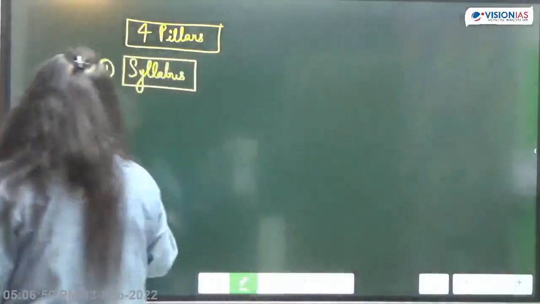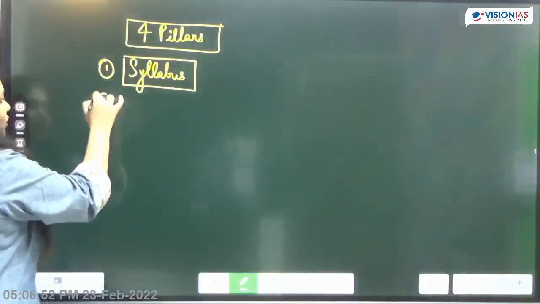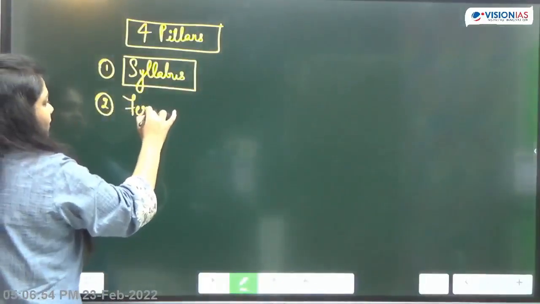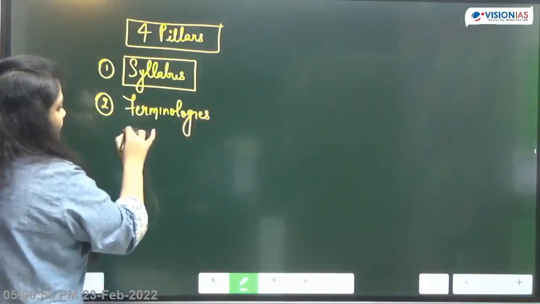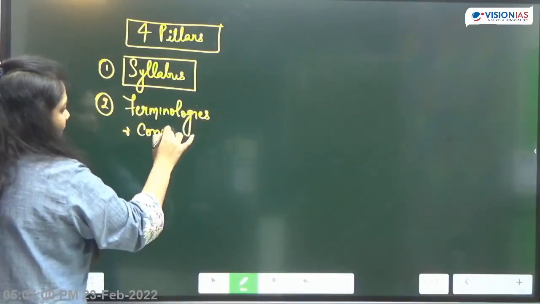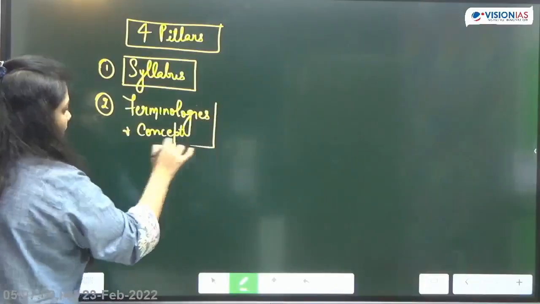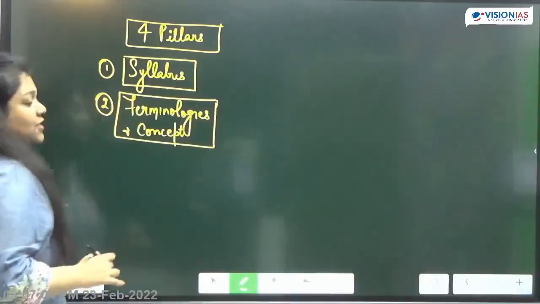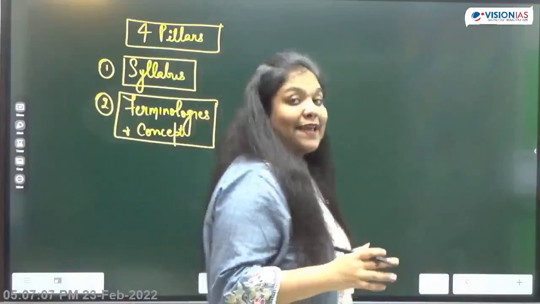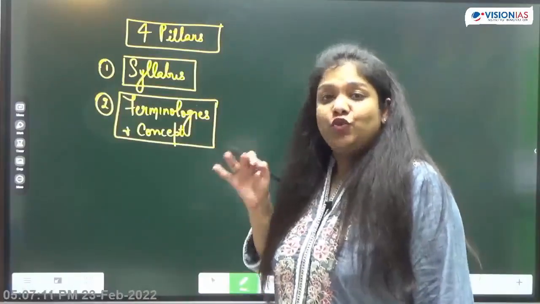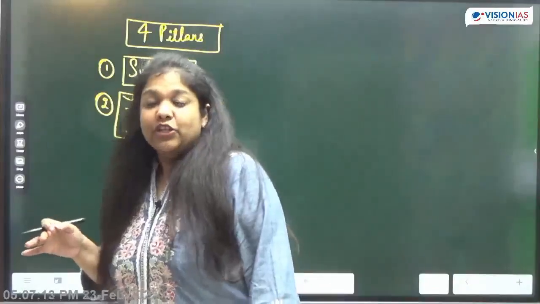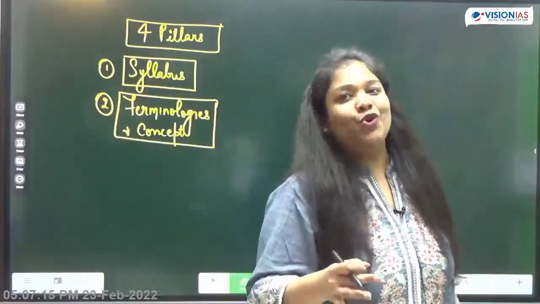Okay. First thing. The second thing is with respect to the terminologies. It is very important for us as far as the ethics paper is concerned that every terminology has to be prepared in detail. Just knowing the definition would not serve the purpose.